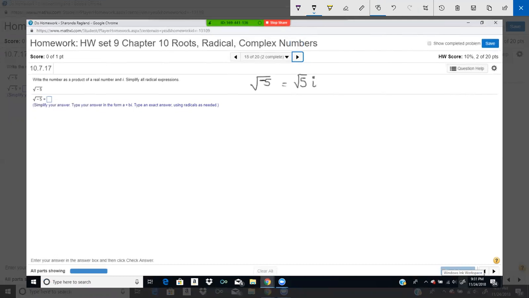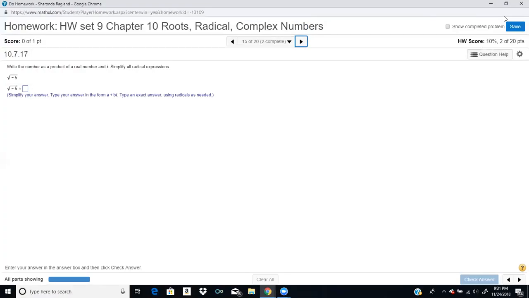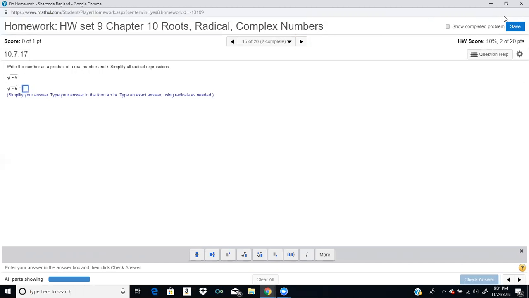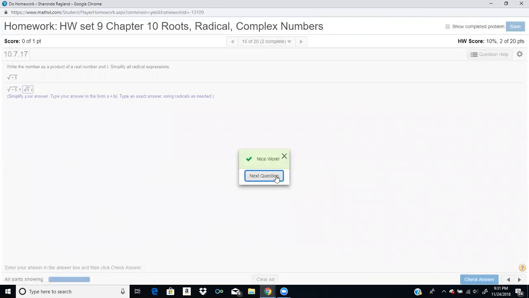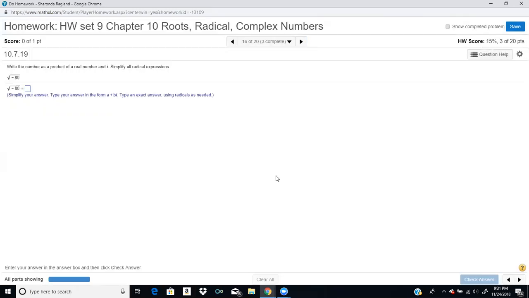So it's in the form of a plus bi. So let's see how to put that in. You would put in your square root, which is at the bottom here, and then put in 5, and then arrow, and then i. And i is not under the radical, so it's just to the side. If you put it under the radical, it will count you wrong.